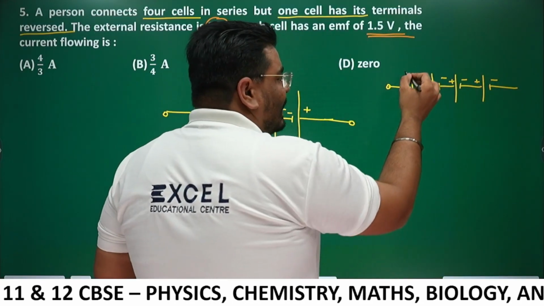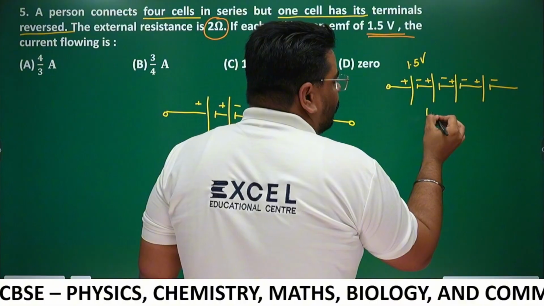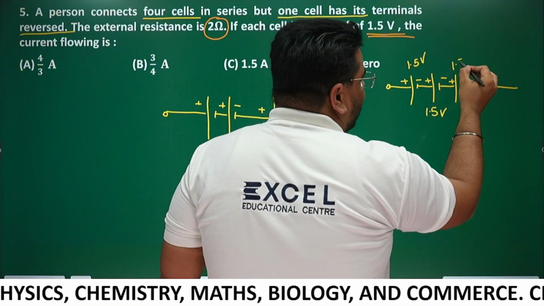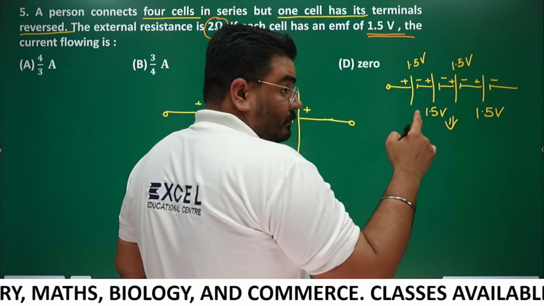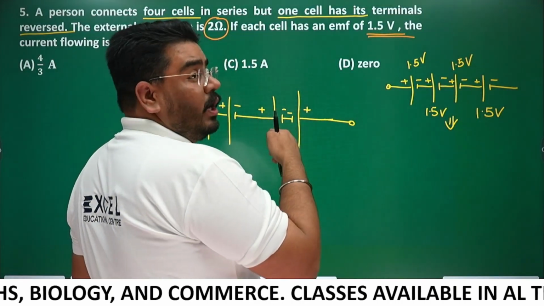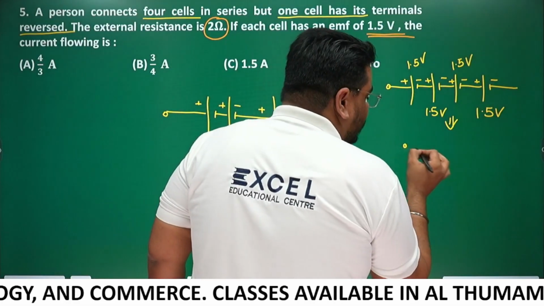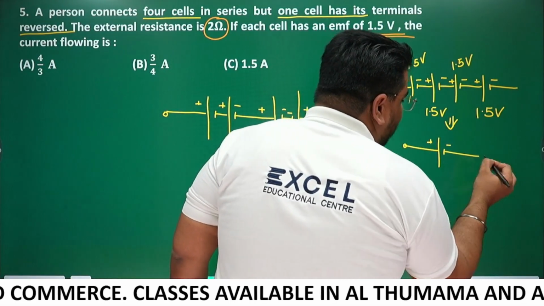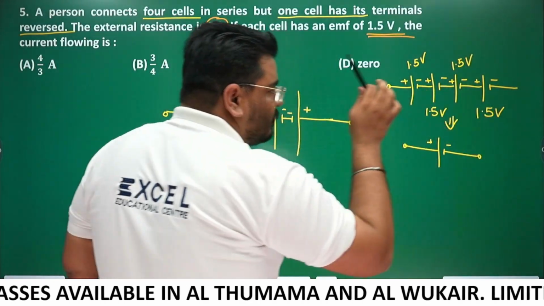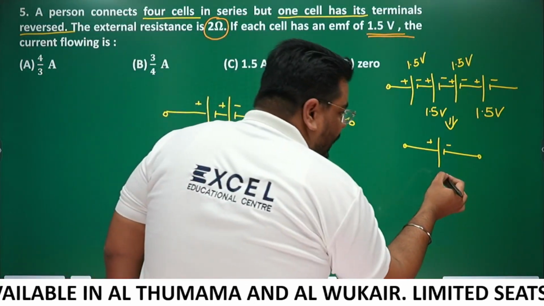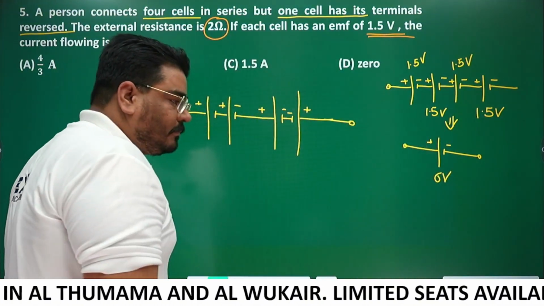So in that case, each one of them was 1.5 volt, 1.5 volt, 1.5 volt, 1.5 volt. So the total would have been how much? All of them supporting each other, 1.5 plus 1.5 plus 1.5 plus 1.5. So the total would have been 6 volt.